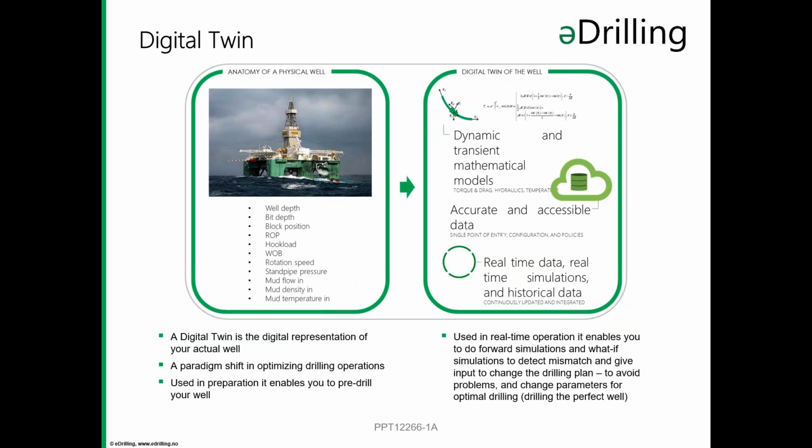You know, or you think you know, the formation temperature gradient, the pore and frac pressures, and so on. And then you have all the real-time signals or the measurements from the well. If you look at the right side, you have our description of the physical well. The digital twin is a digital copy of the actual well you are going to drill or are drilling.